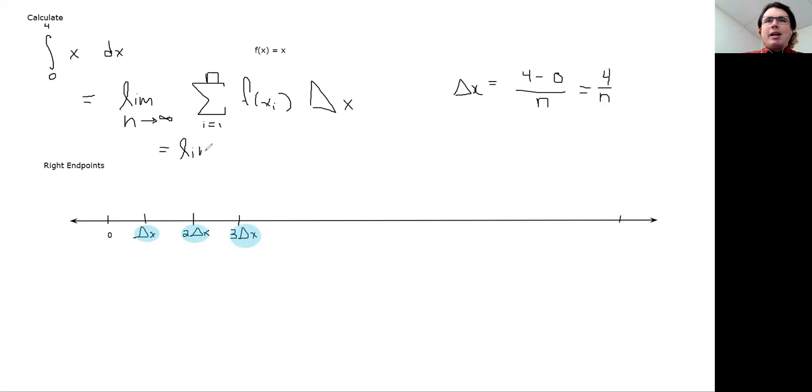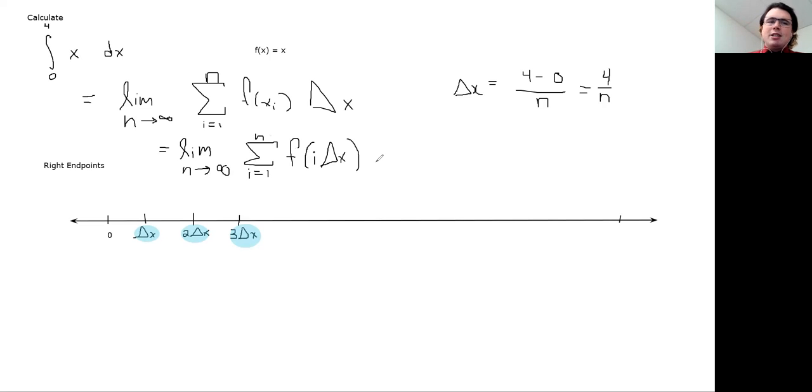I'm going to rewrite my limit formula. And now in the sum, I start at i equals 1, go up to n. But now I know what number x sub i is. x sub i is the number i times delta x. So for the number 1 rectangle, I'm looking at delta x.